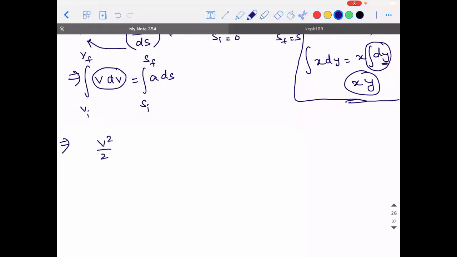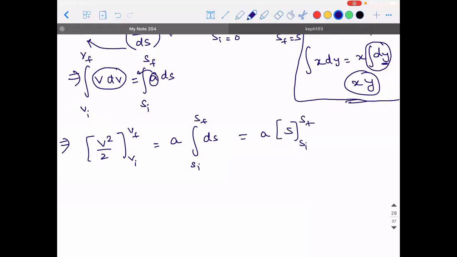Yes. So v square by 2 between v initial to v final will be equal to a can be taken out, a into integral of ds from s initial to s final. a into integral of ds is going to give you s, between s initial to s final.